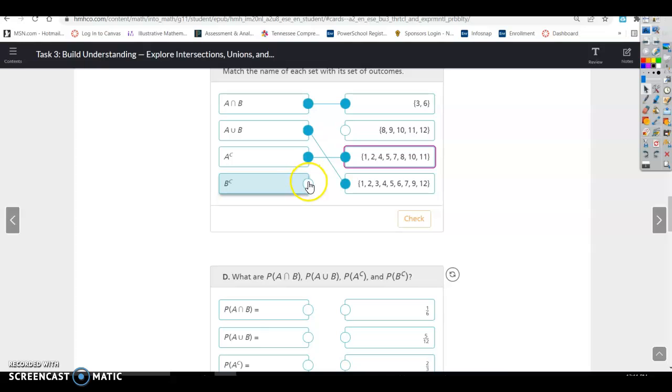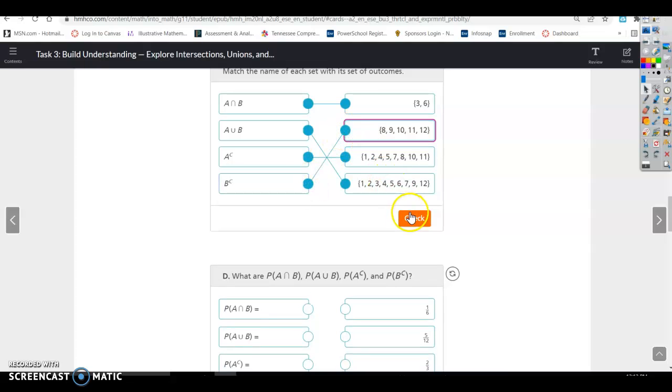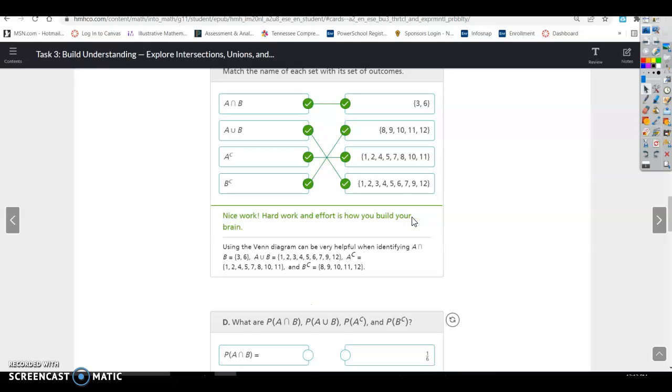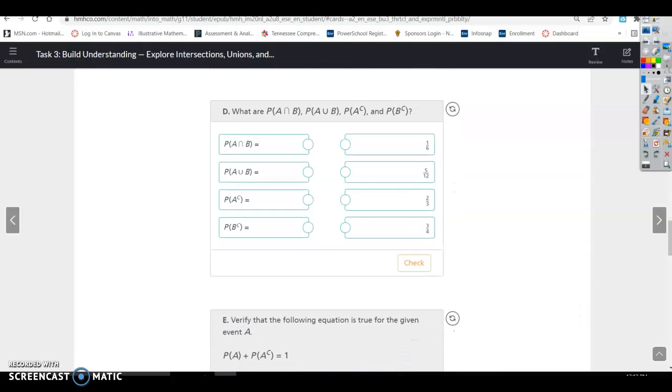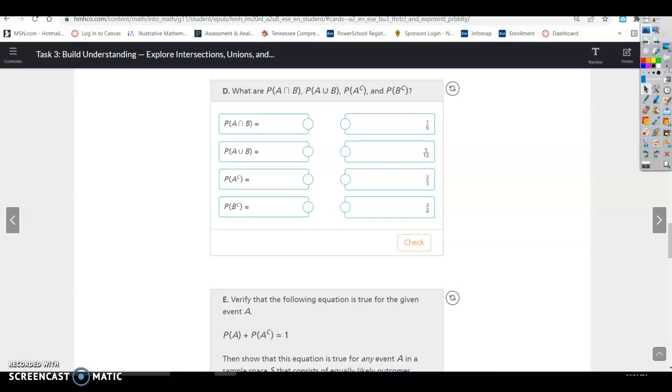All right, so B complement would be everything not in B. All right, so what are the probability of A intersect B and the probability of A union B and the probability of A complement and B and the probability of B complement?